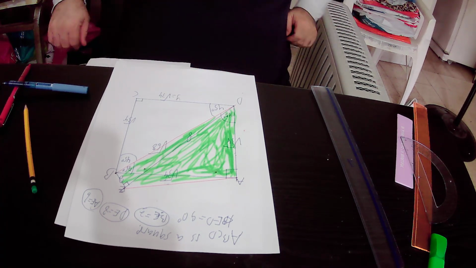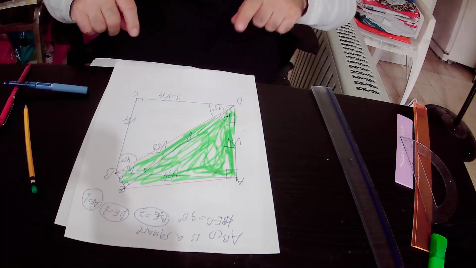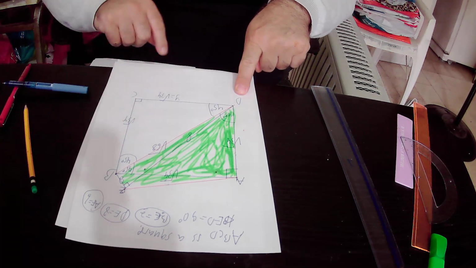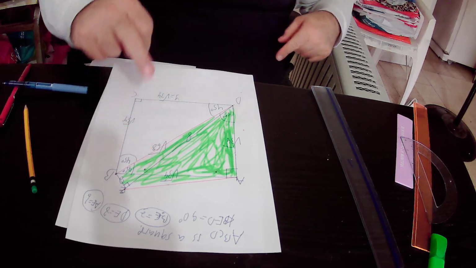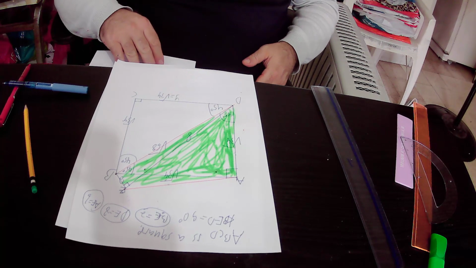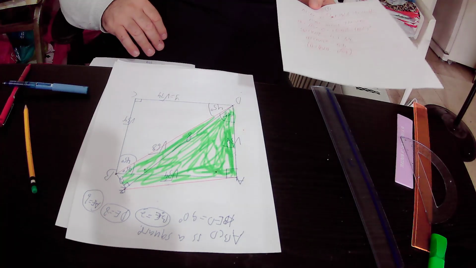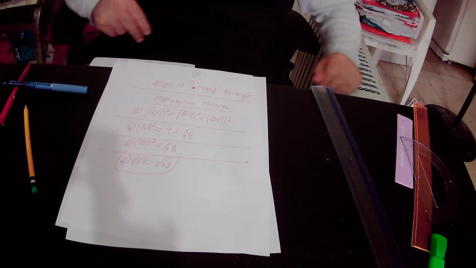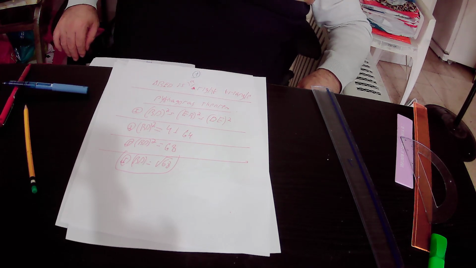So the first thing that we did is we joined together by a straight line points B and D. And actually triangle BED is a right triangle because it has an angle that equals to 90 degrees. So in the right triangle BED, according to the Pythagoras theorem, BD square equals to EB square plus DE square.